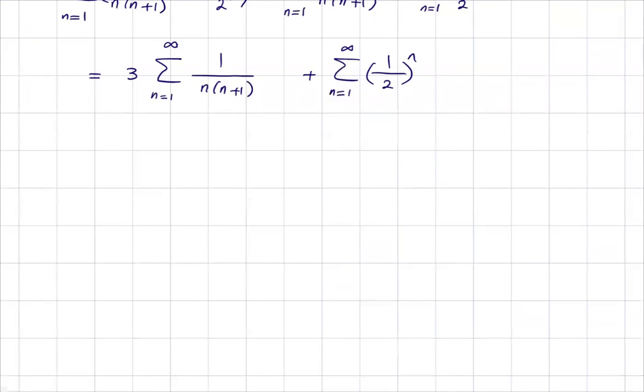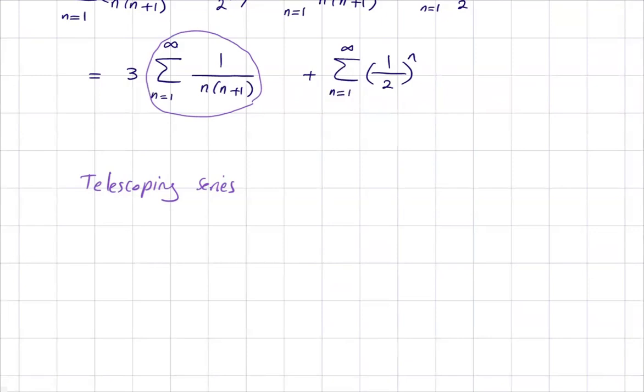Let me write it down here, then we can write down the final answer here. If you have a series of the form of summation of 1 divided by n times n plus 1, you can break this down using partial fractions.